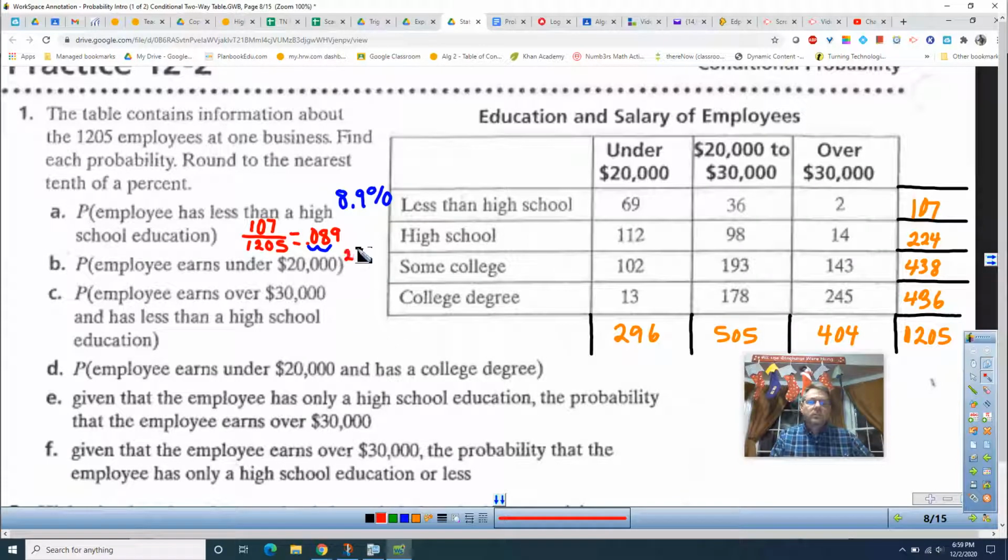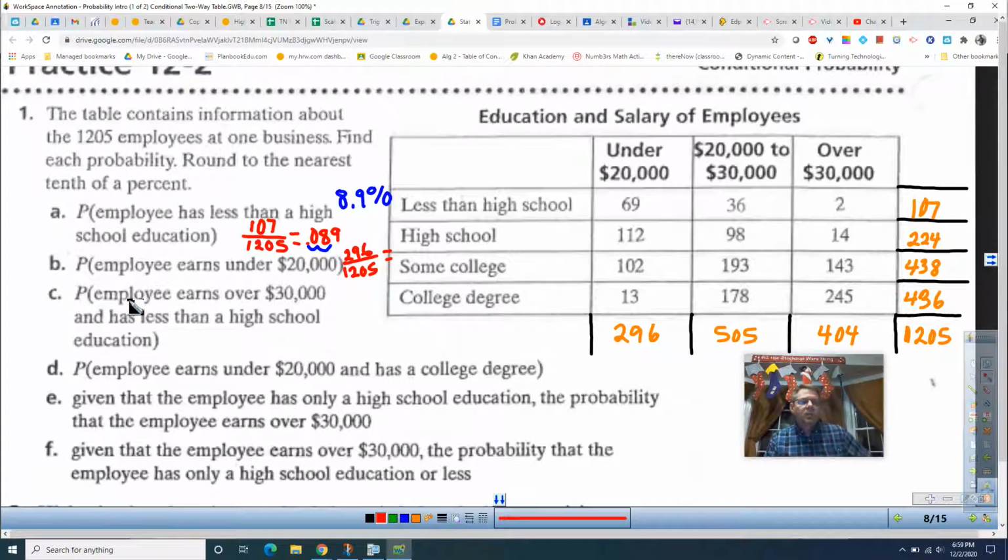So 296 out of 1,205. And then you would convert to a decimal, then to a percent. It's kind of crowded to do this work, but please make sure you do show this work.